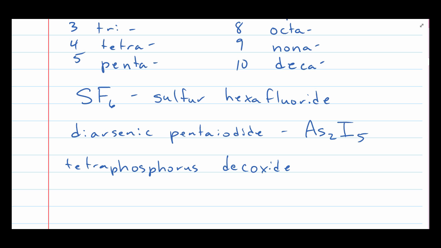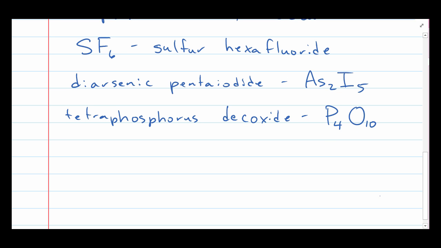So if it's deca, we don't call it decaoxide, we call it decoxide. So the letter A is left off when the name is immediately preceding oxide. So if you want to write the formula for this, this would be P4O10. P4O10.